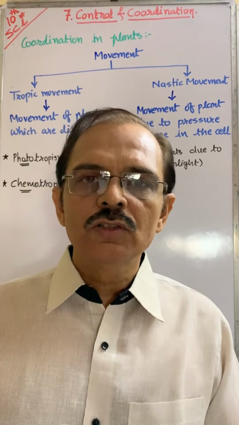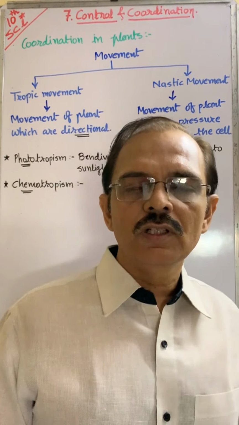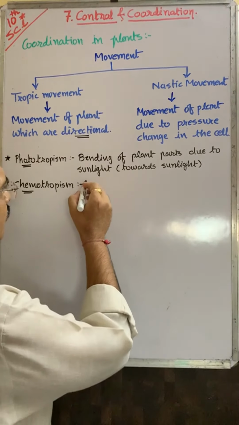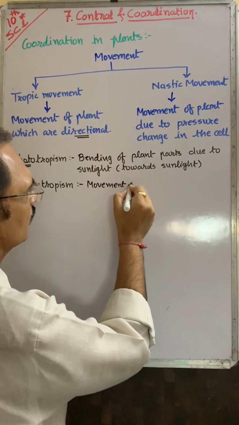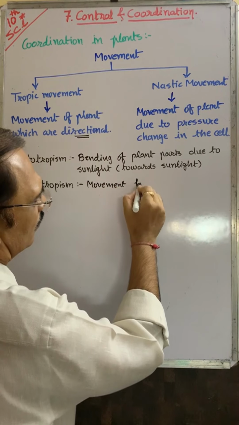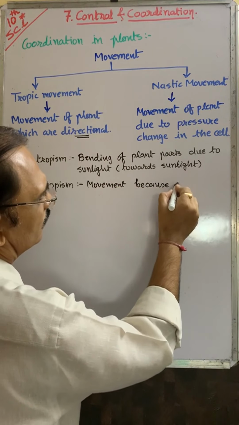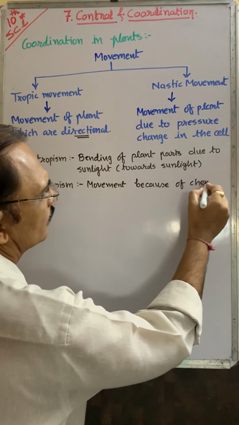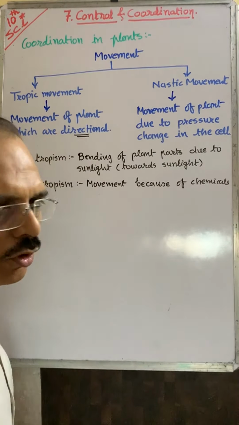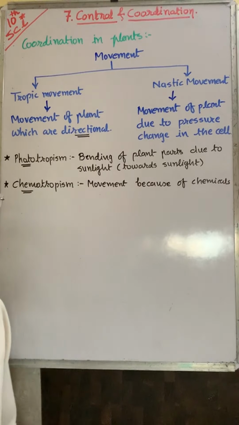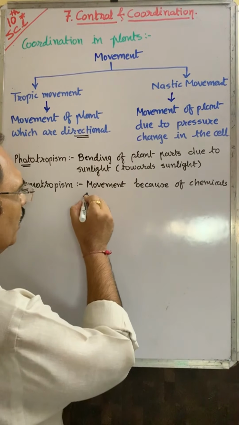Directional movement because of any chemical is called chemotropism. So movement because of chemicals is called chemotropism. As for example, we can say the pollen tube.